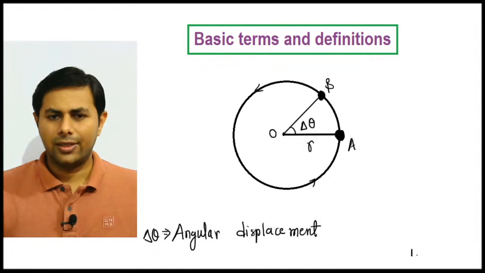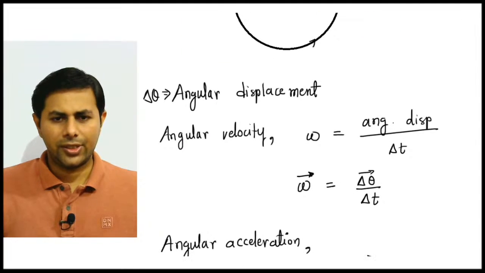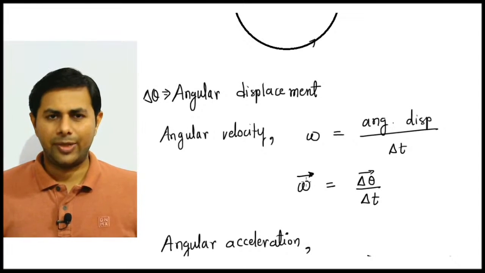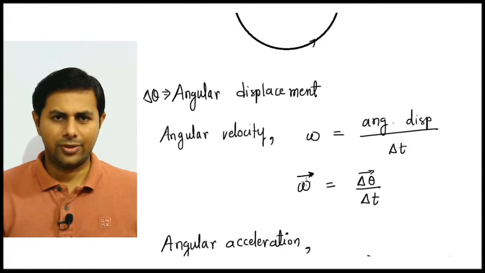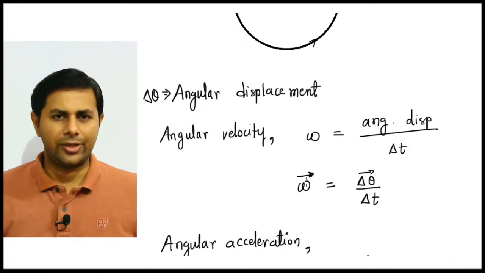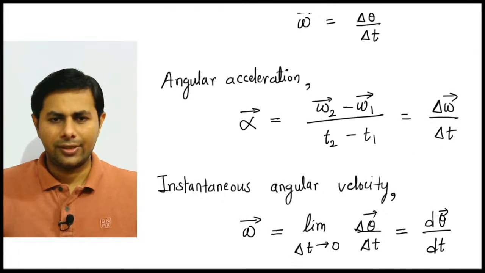Now since the angular velocity is just angular displacement divided by time, the direction of angular velocity and direction of angular displacement will be just same. Okay, so direction of angular velocity and direction of angular displacement is same. But what about angular acceleration?